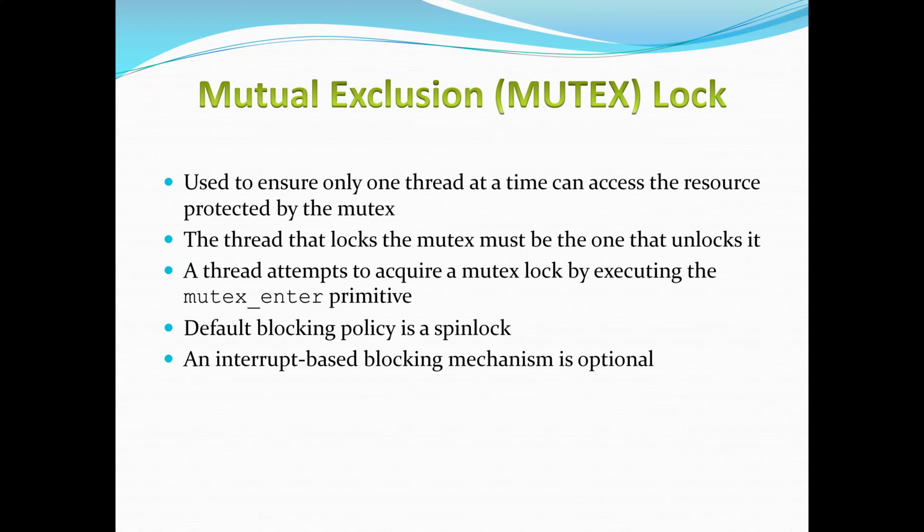The default blocking value is a spin lock, and a blocked thread polls the status of the lock while executing in a busy waiting loop. The default blocking policy is a spin lock, and an interrupt-based blocking mechanism is optional.